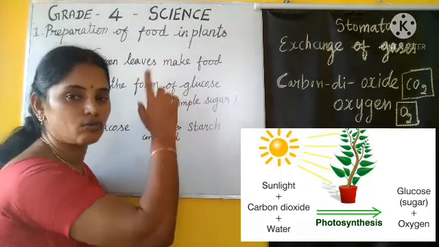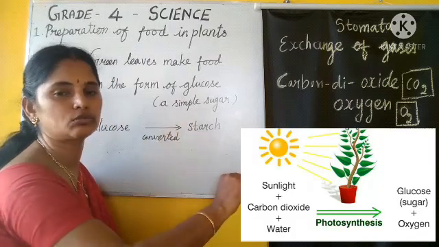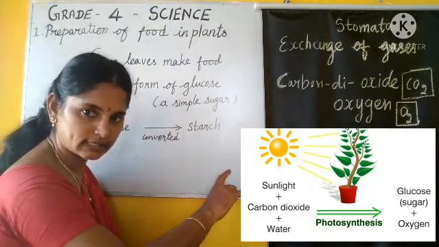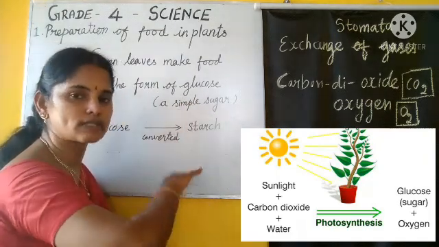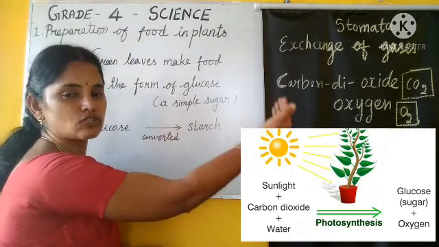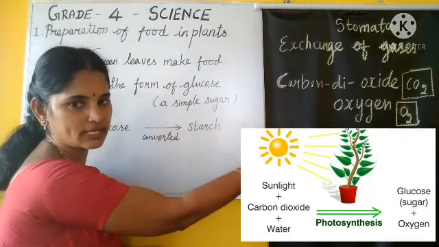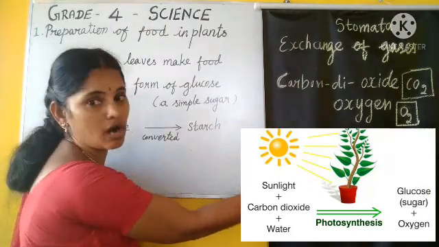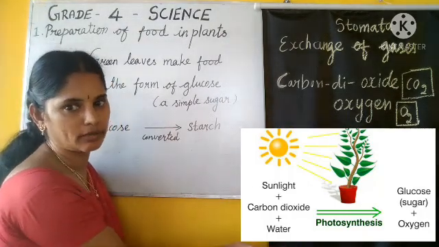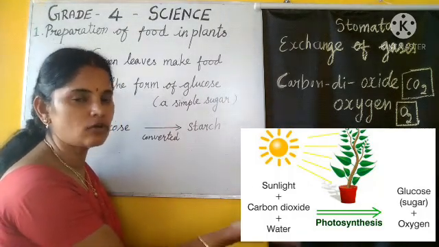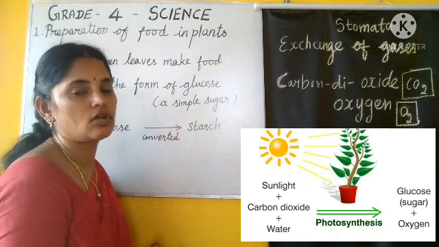What gas is entered through the stomata? Carbon dioxide enters inside and water is taken. So carbon dioxide plus water in the presence of sunlight and chlorophyll prepares food in the form of starch and releases the gas called oxygen. How does the oxygen come out? Through the same stomata. Are you clear, children? This way also we can explain the photosynthesis process.